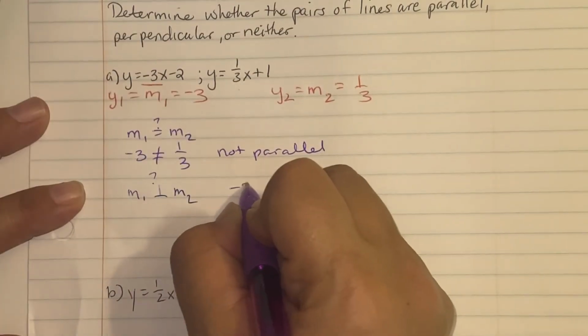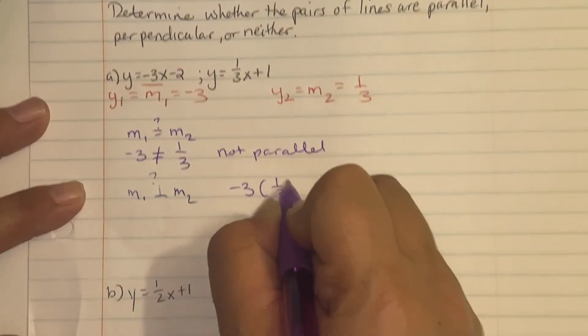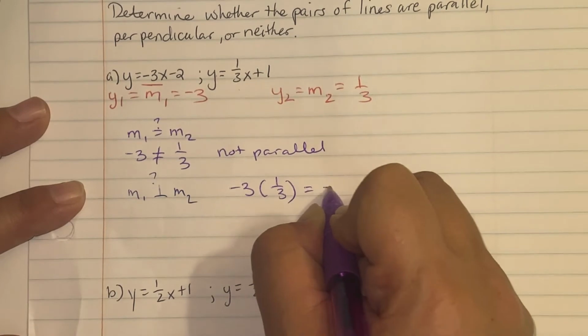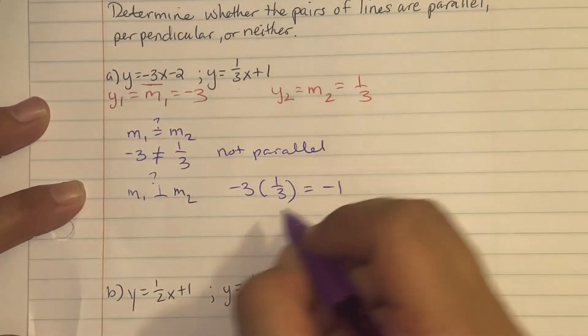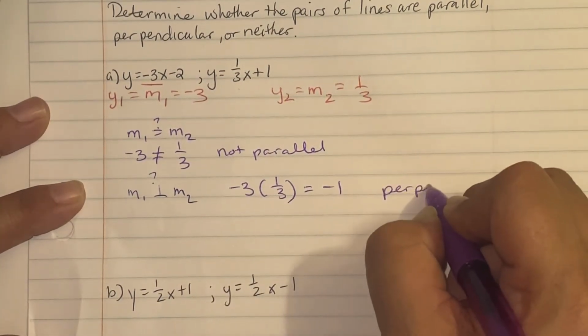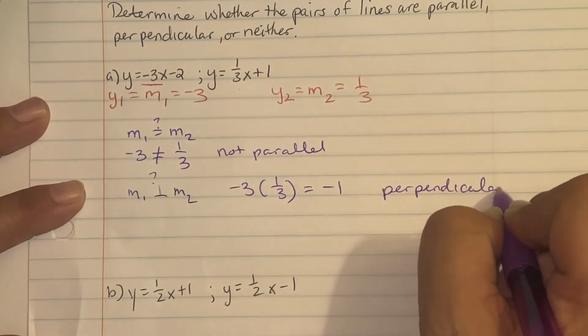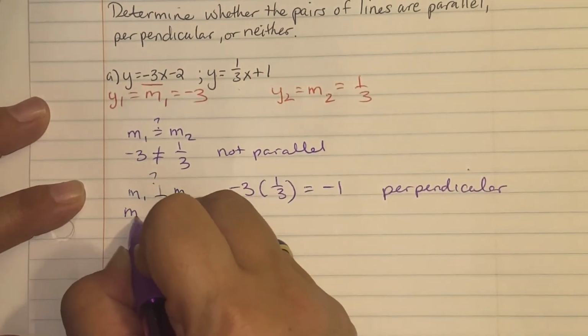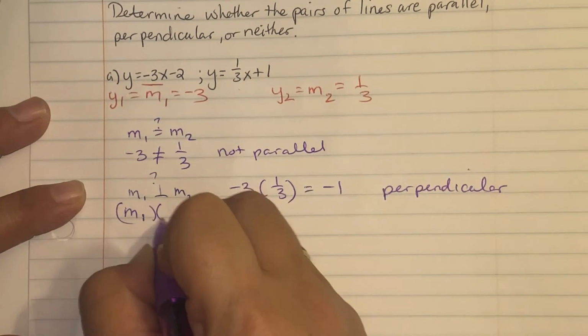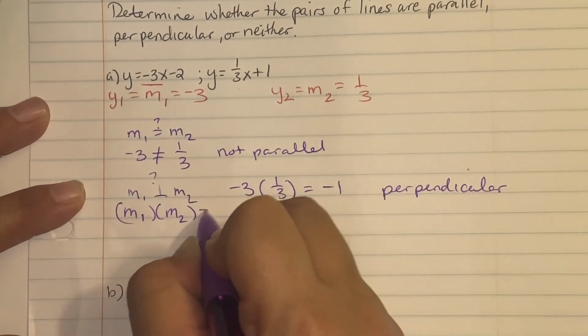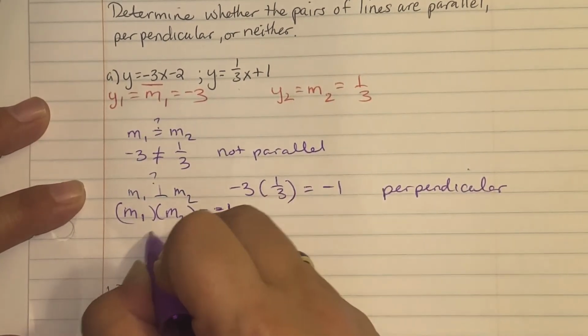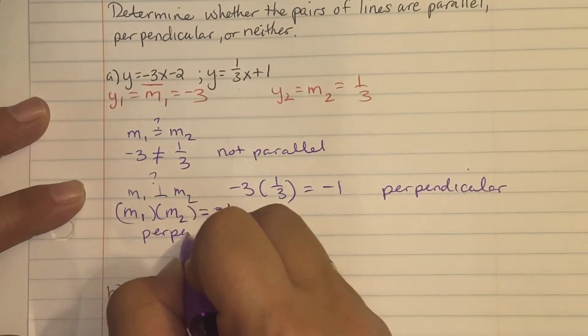So -3 times 1/3 results in an answer of -1. So that is perpendicular. So how do you know? It's when you do slope 1 times slope 2 and it results in an answer of -1, that is perpendicular lines.